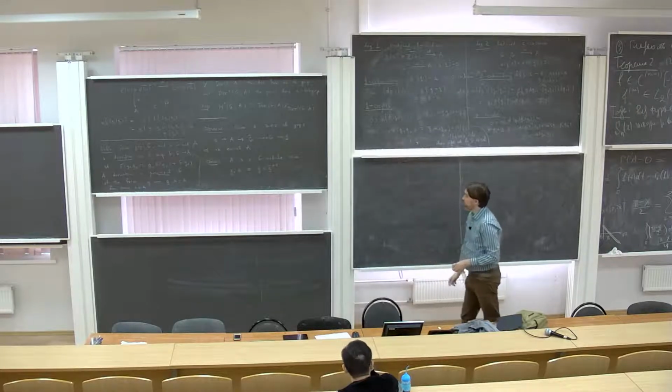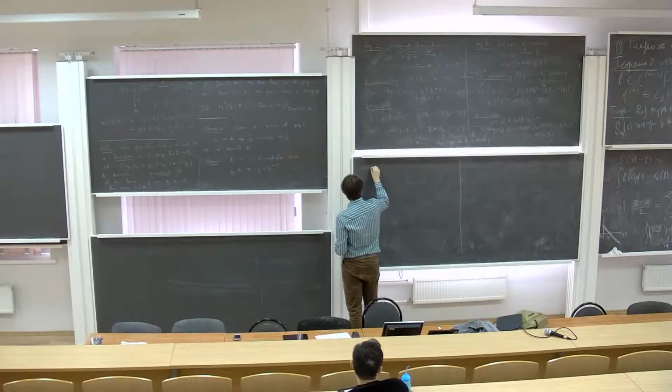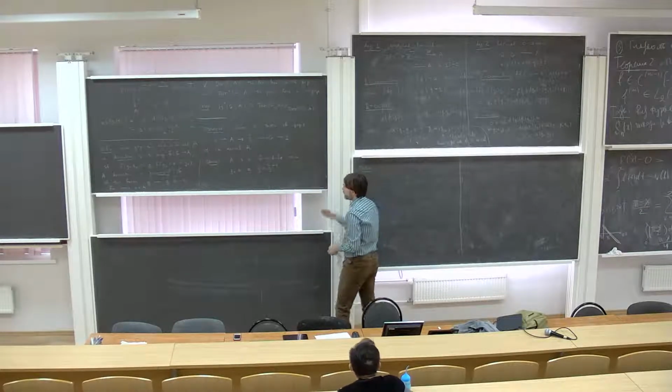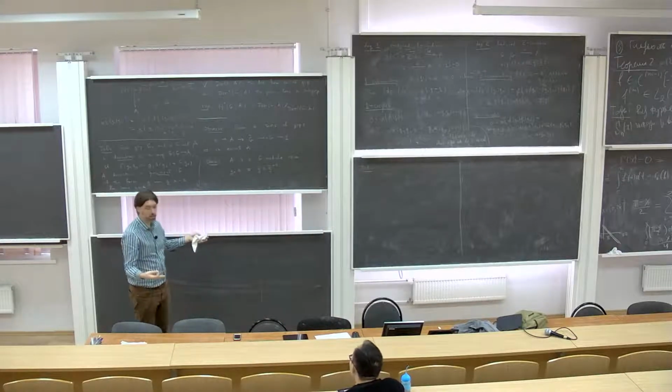Okay, so the definition is the following. We kind of want to reverse this process. Fixing G and fixing A as a G module, we want to look at all ways to build short exact sequences like this.